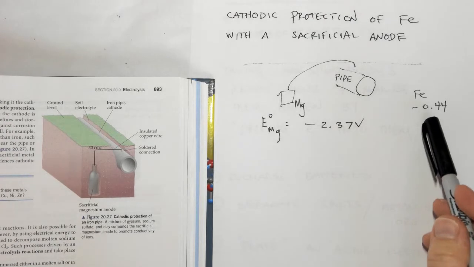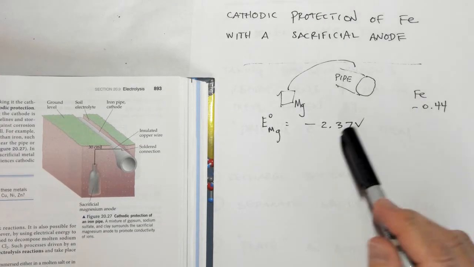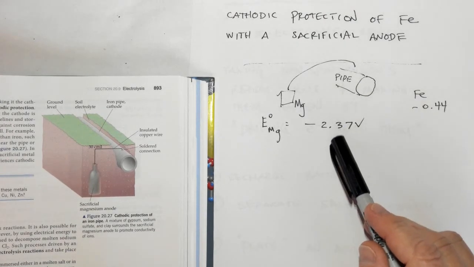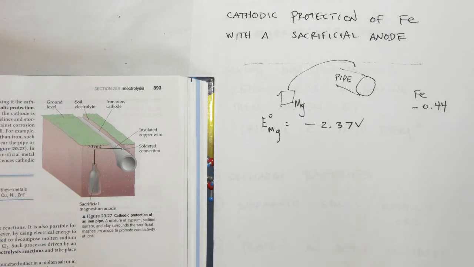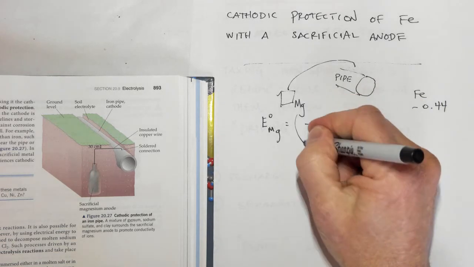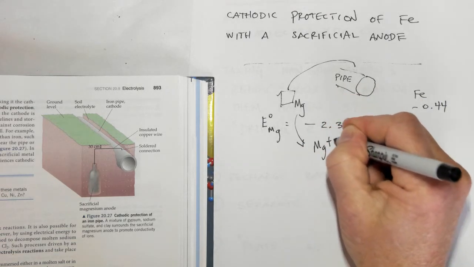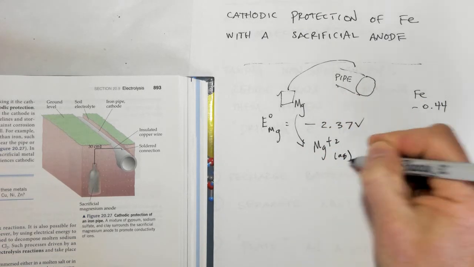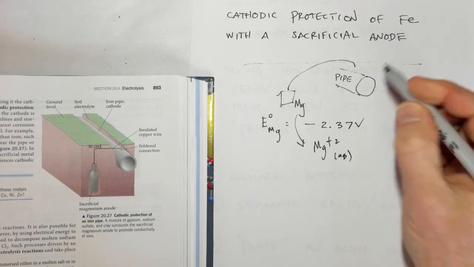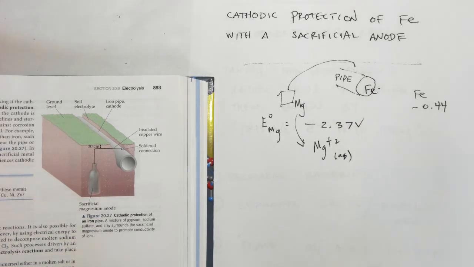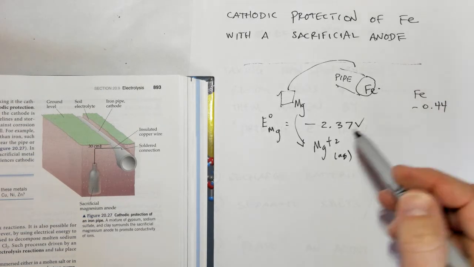Iron's standard reduction potential is negative 0.44. With magnesium being way below it, magnesium would be the one that is oxidized first, and so the magnesium would simply be eaten away and become Mg2+ aqueous, and the iron pipe would remain just Fe and would not be undergoing any oxidation at all.